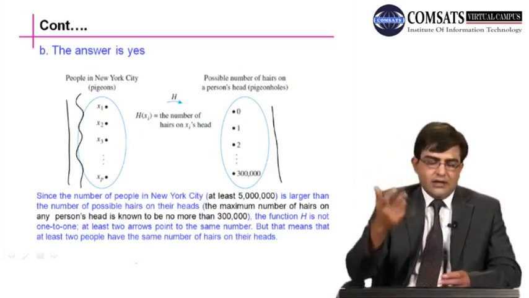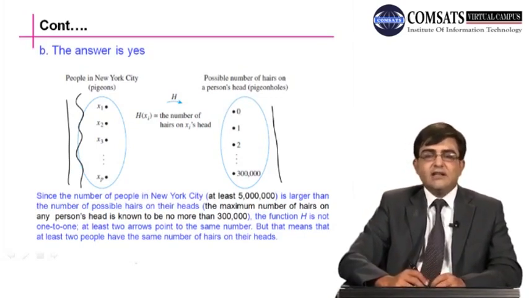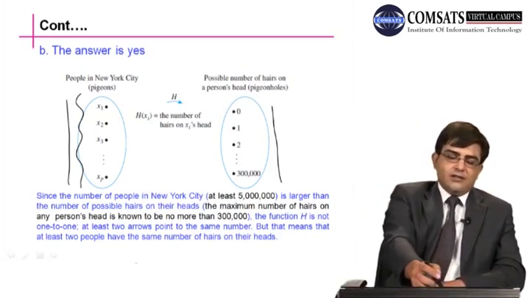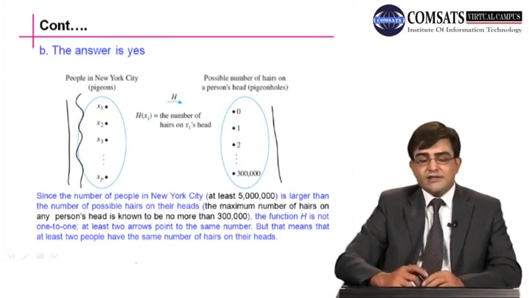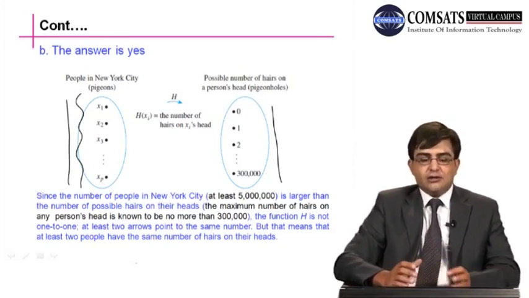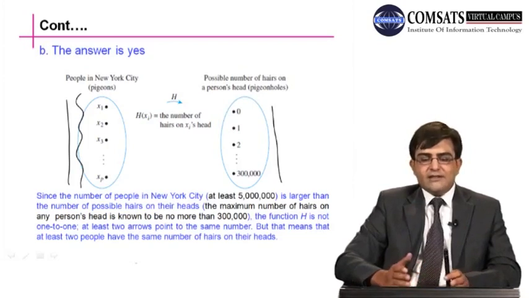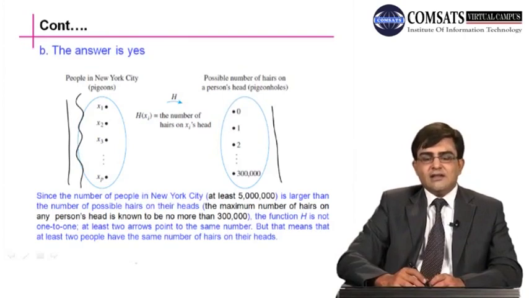Now by the Pigeonhole Principle there must be at least 2 people, as the domain set is the larger set, meaning it contains more elements than the codomain. So by the Pigeonhole Principle, there must be at least 2 people who have the same number of hairs on their heads. Yes.